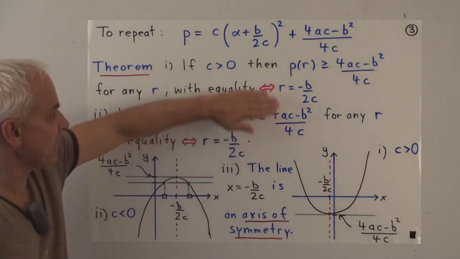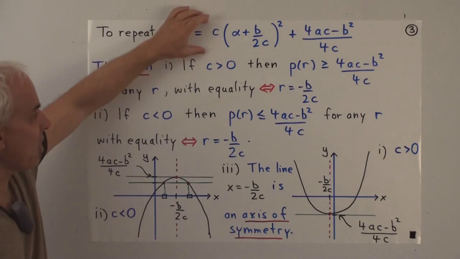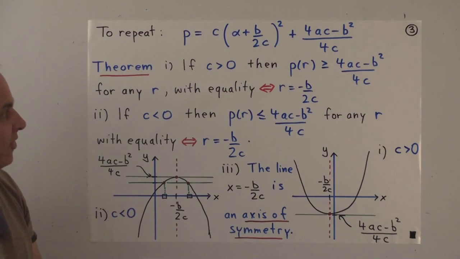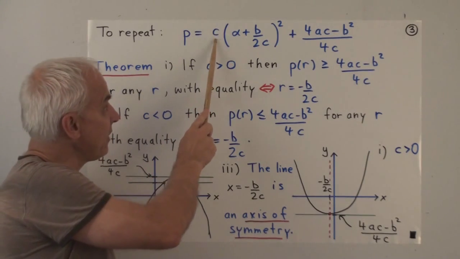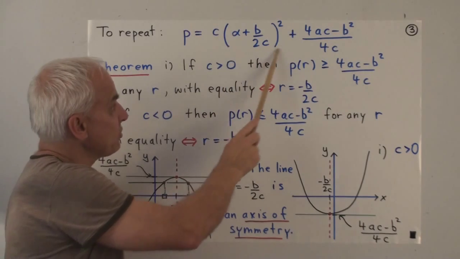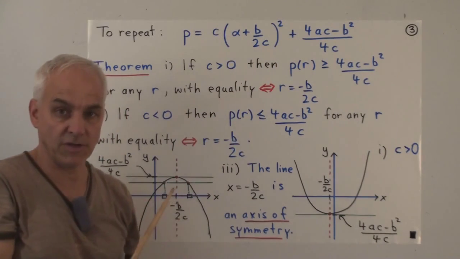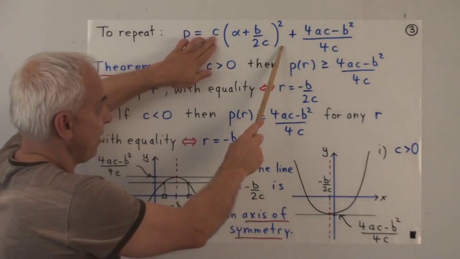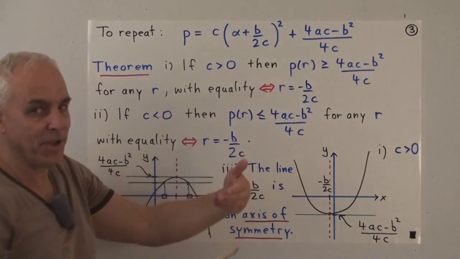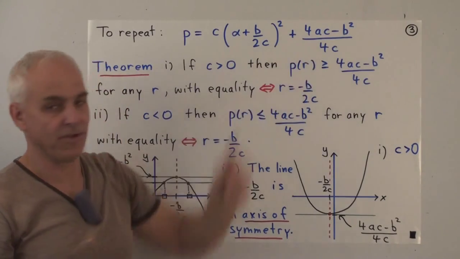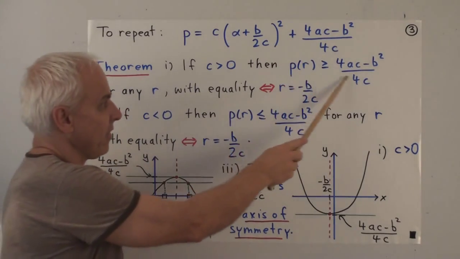Let's just have a look at that statement first. That's an immediate consequence of this, because if c is positive, then this is positive, and we've just observed that this quantity here is always positive. So this is a positive thing. And so if we add it to this, we're always going to get something which is bigger than or equal to this. That's the statement there.